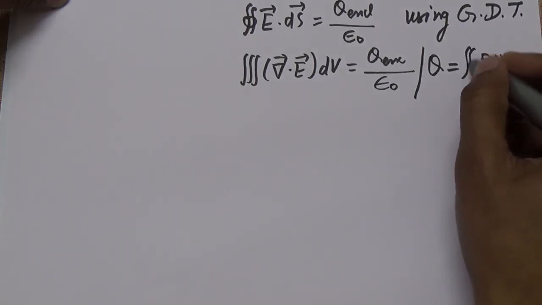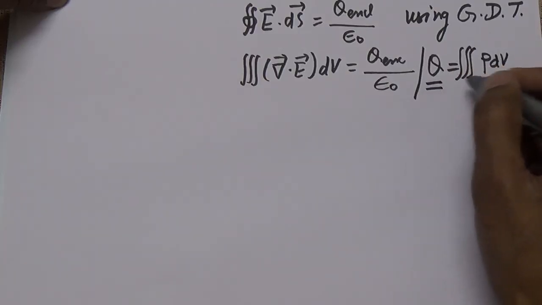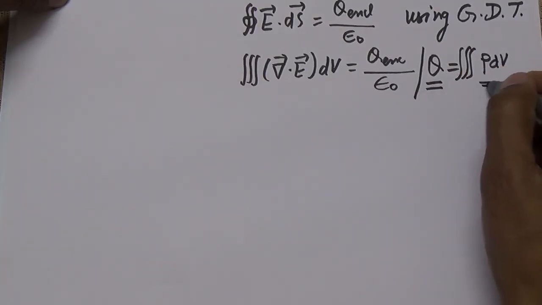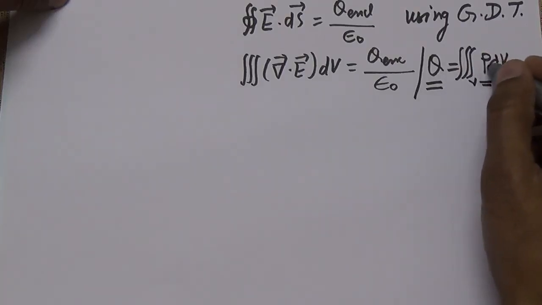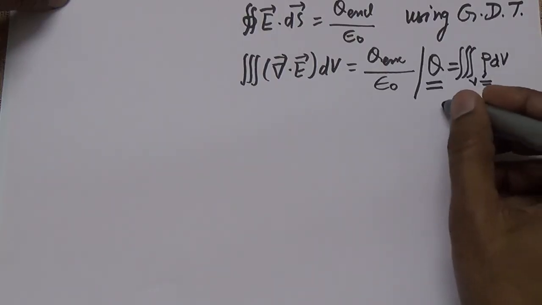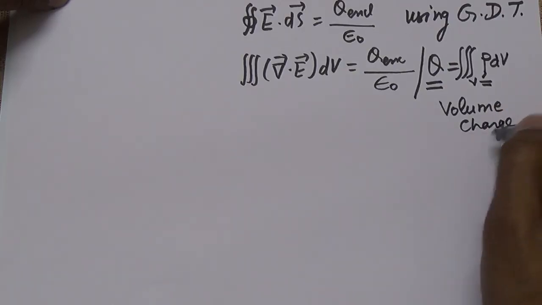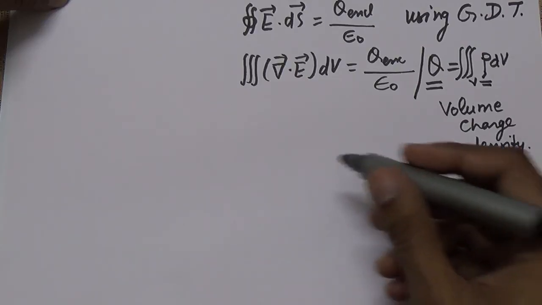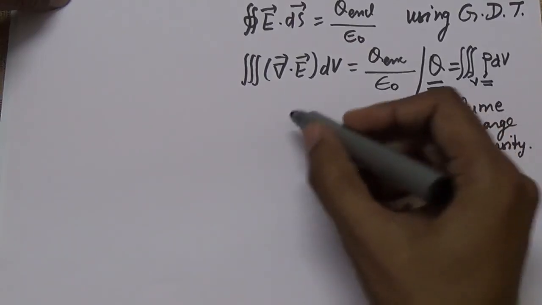So within the total volume of the sphere, the total charge is defined in terms of rho. So Q is equal to the volume integral of rho dV. This is rho, the volume charge density. So instead of Q, now I can write this.